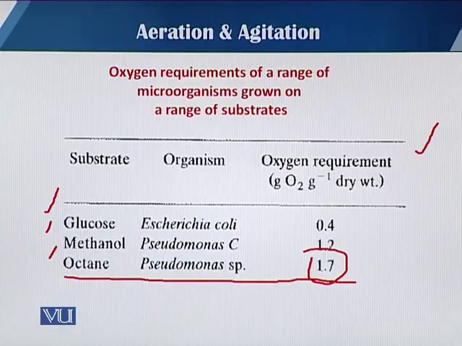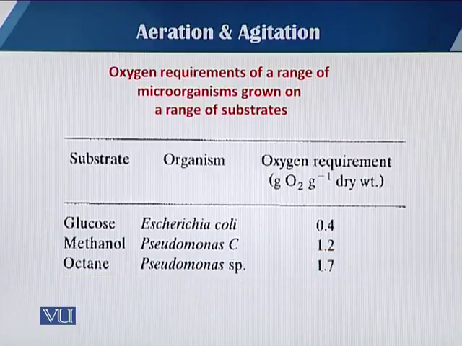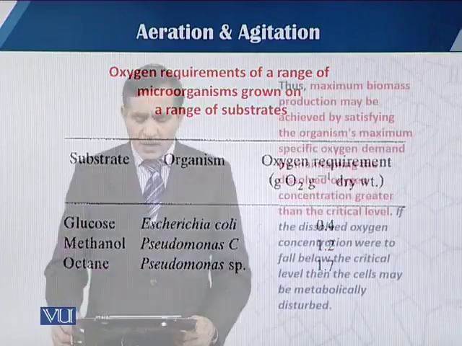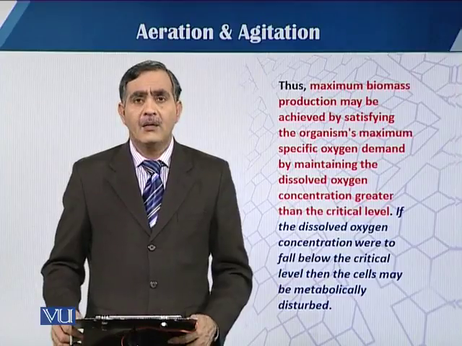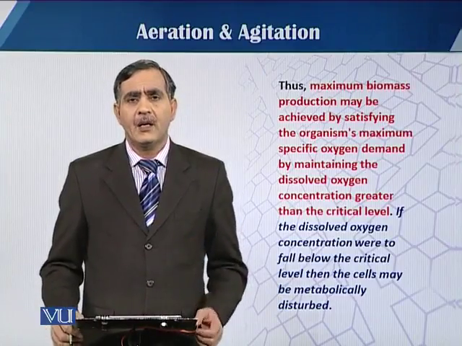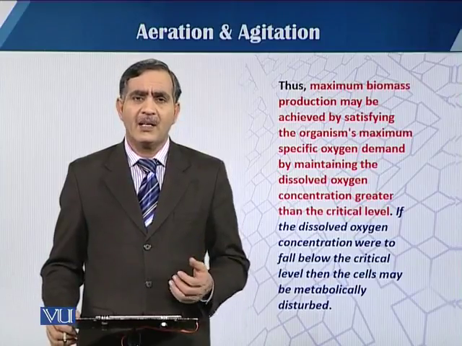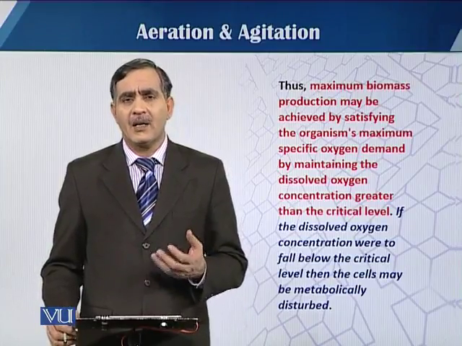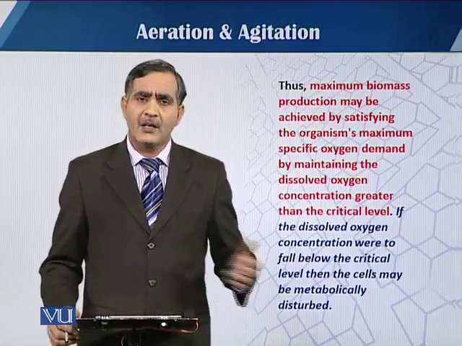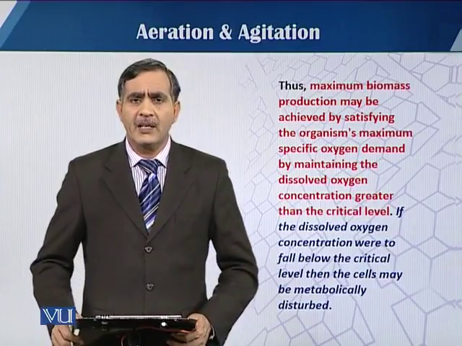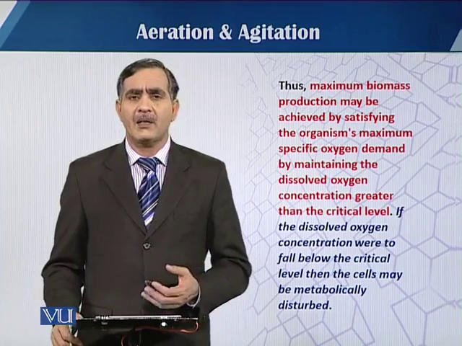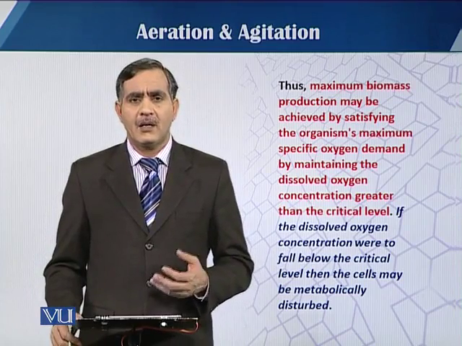So different carbon sources have different oxygen requirements for fermentation processes. Maximum biomass production can be achieved during the fermentation process if we can satisfy the oxygen demand of the cells. In a later module, we will talk about how we can calculate the oxygen demand for a particular organism.